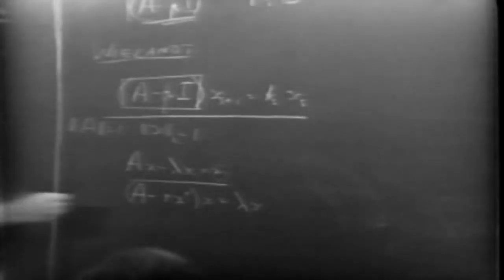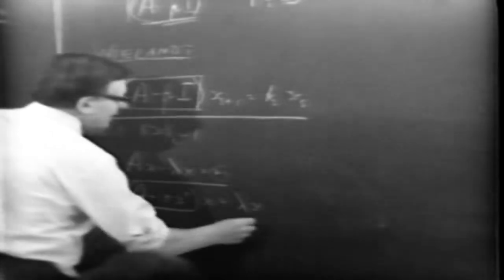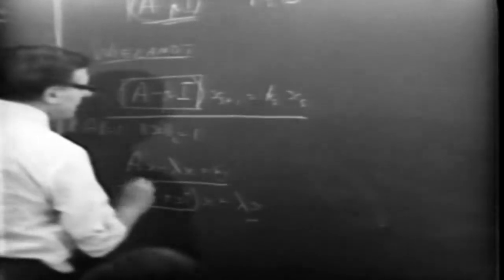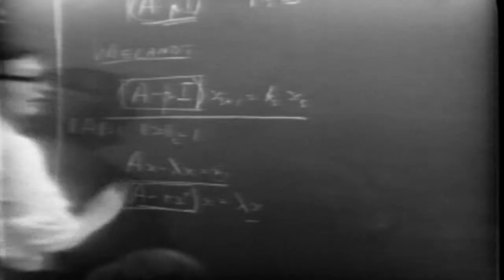And so an interesting way of looking at that result is it says that lambda and x are an exact eigenvalue and eigenvector of this matrix here.